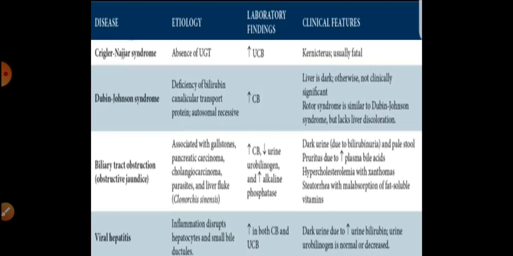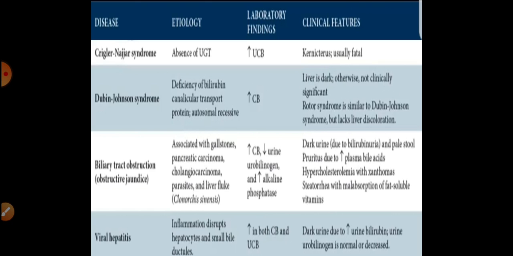Conjugated bilirubin is water soluble and can be filtered by the glomeruli, and is therefore excreted in the urine, causing high colored urine. In hemolytic or prehepatic jaundice, where there is increased unconjugated bilirubin, the color of the urine is not because of bilirubin in the urine.